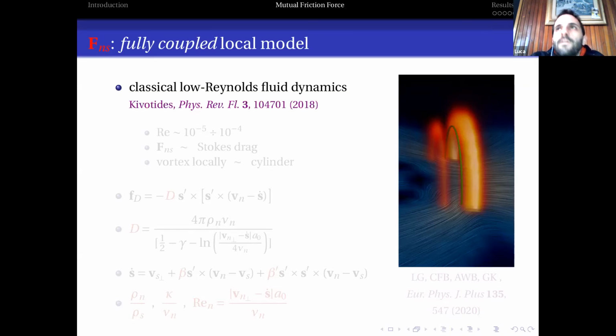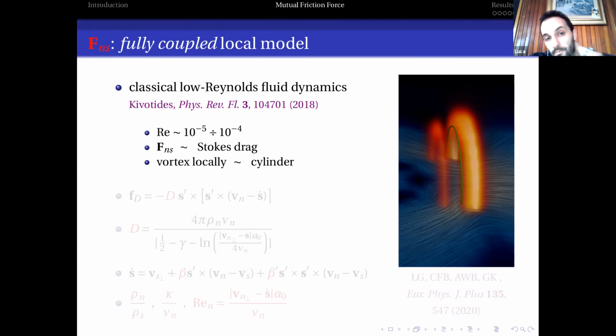First, the Reynolds number of the normal fluid flow past a superfluid vortex ring is very small, especially because the vortex core is very small.